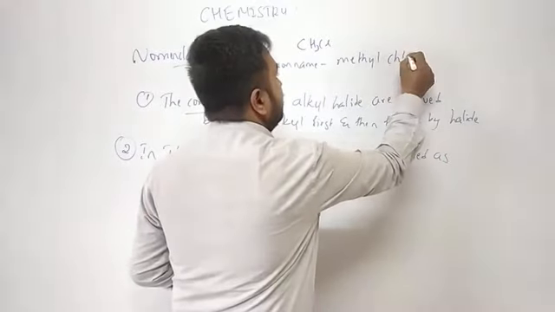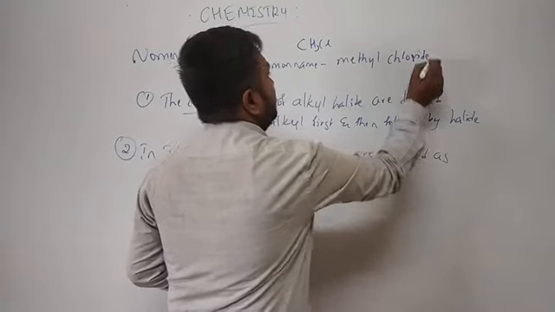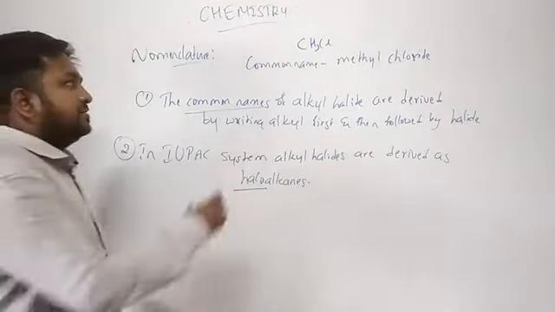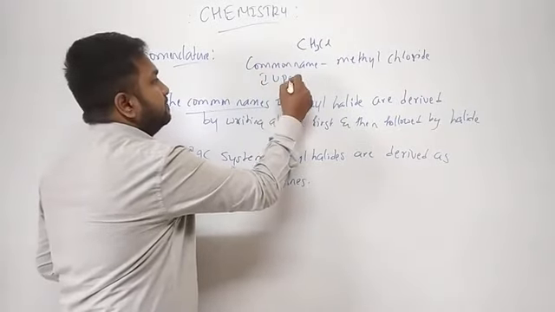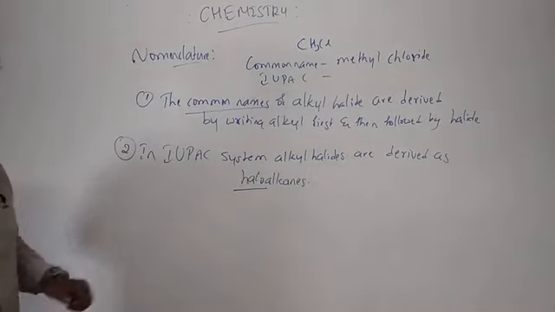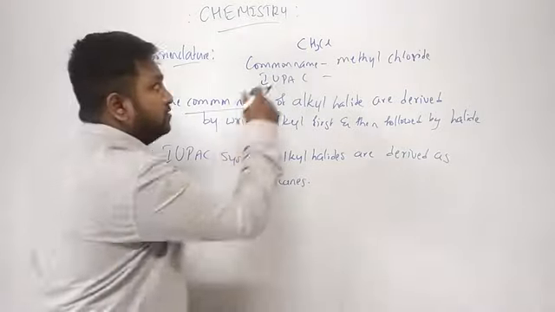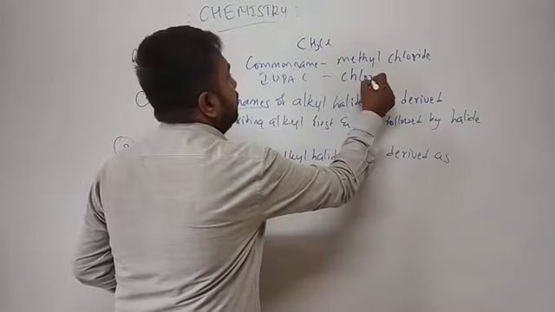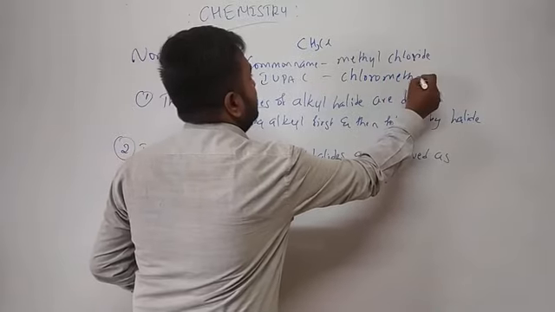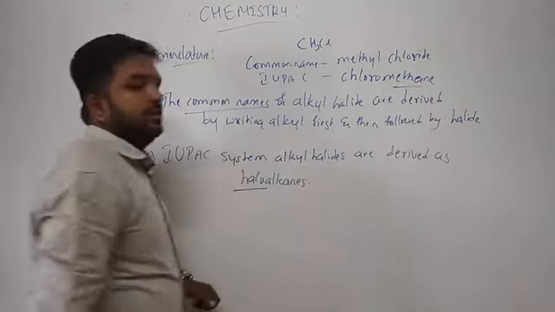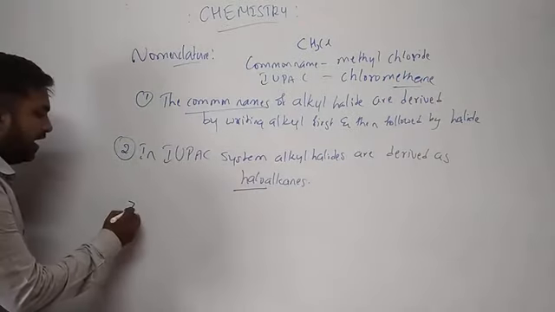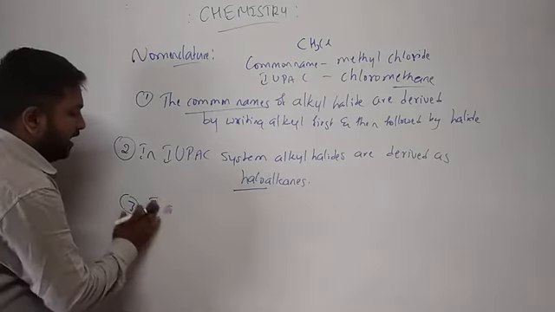So methyl chloride is the common name, whereas in the IUPAC system, it will be in the format of haloalkanes. Halogen first, that is chloromethane.